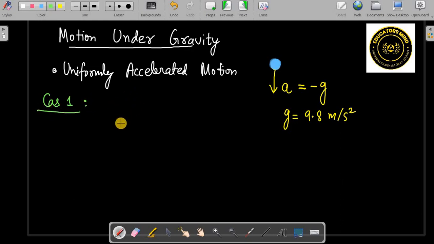Let us say you are going to throw a body from the ground. From the ground you are going to project a body upward. This is motion under gravity, only gravity, no friction or drag forces.